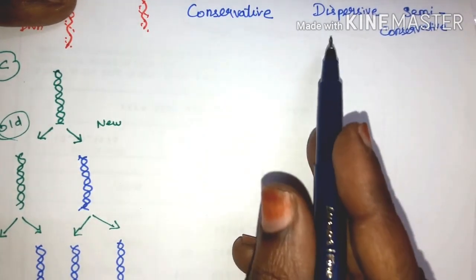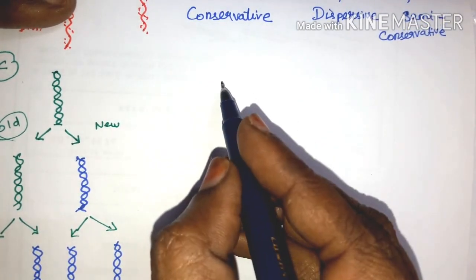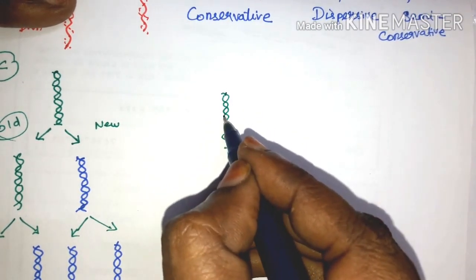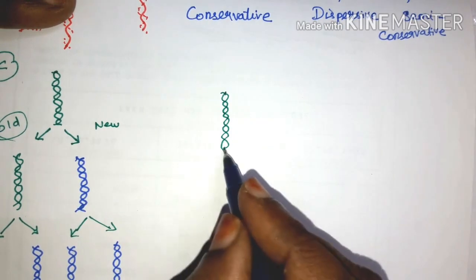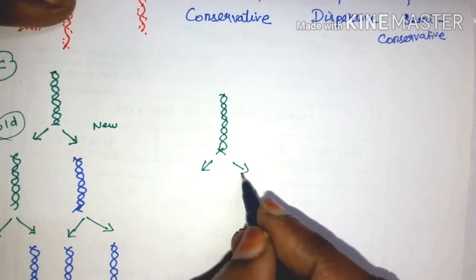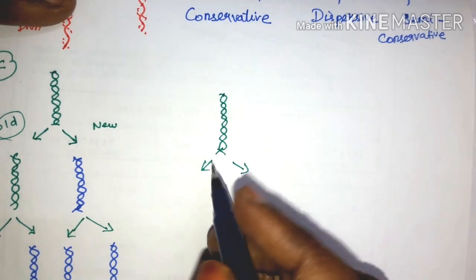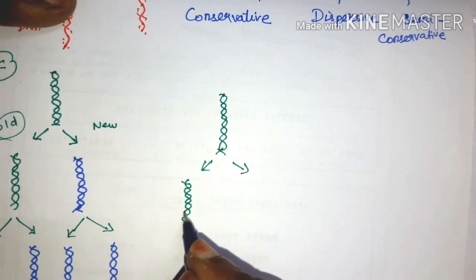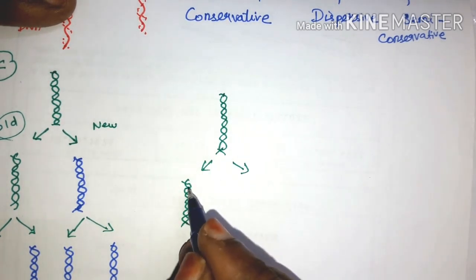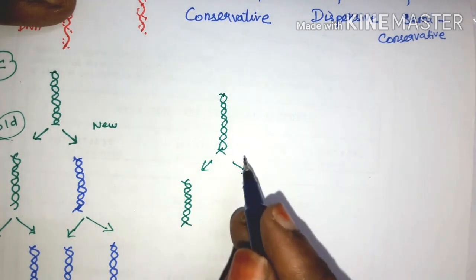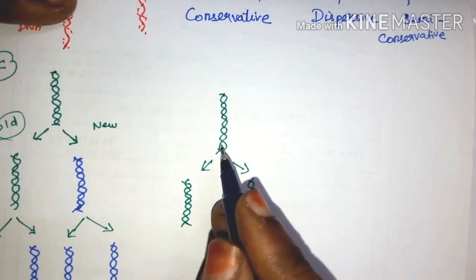Let's move to the next, dispersive. Here in this case, the parental DNA is as it is. Again it gives rise to two strands, or is released into two, one strand divided here and another strand here, each taking its own copy, replicating itself and making the same character as in the case of the parents.